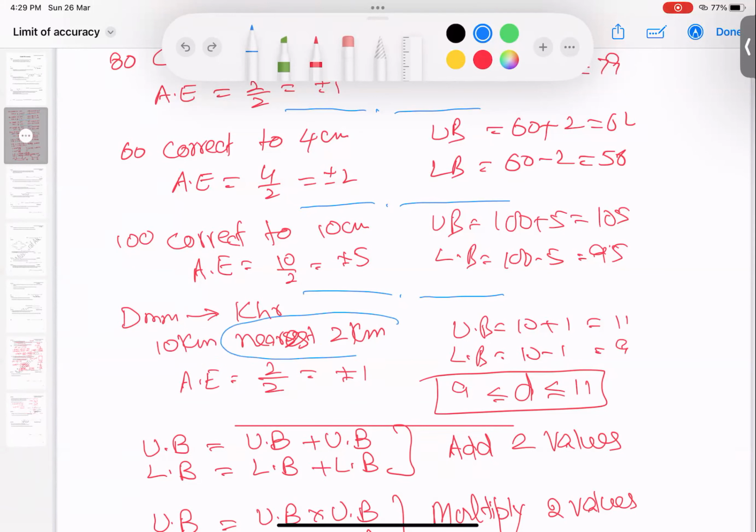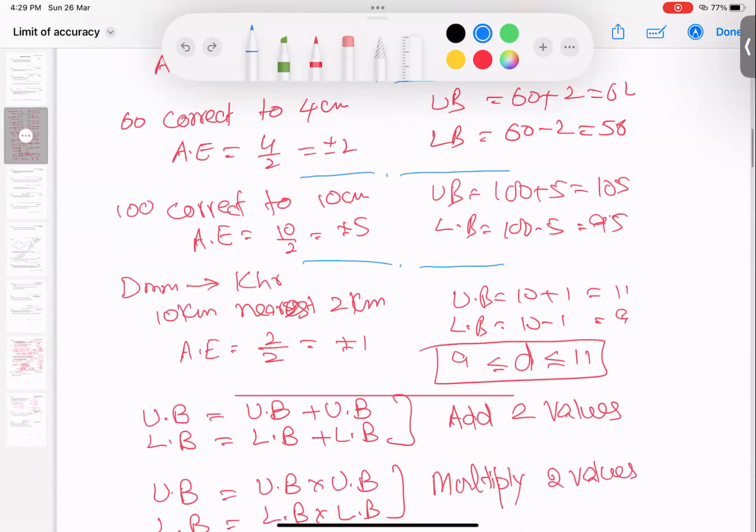He's saying this 2 divided by 2, plus and minus 1 kilometer, more or less. When he says nearest 2 kilometers, it means indirectly he is saying 1 kilometer plus or 1 kilometer minus. So technically he's saying 10 plus 1 and 10 minus 1. So the distance can be a maximum of 11 kilometers and a minimum of 9 kilometers. Technically this is the meaning of that.